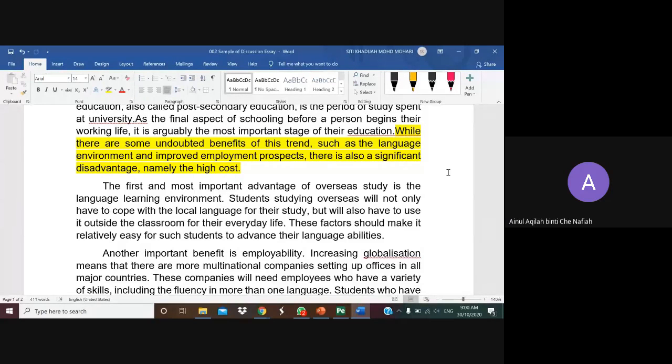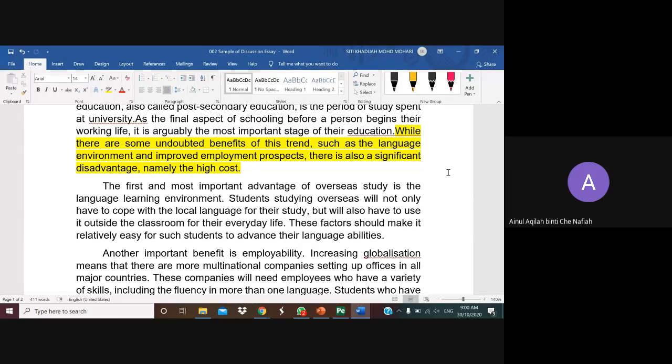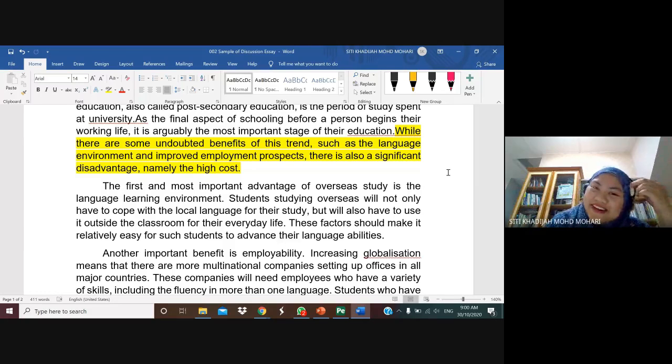Topic sentence. Yes, betul. That is correct. We have a topic sentence or the main idea. All right. Which one is the topic sentence? I think the first and most important advantage of overseas study is the language learning environment. Yes, excellent. Very good. Okay, thank you, Ainul.